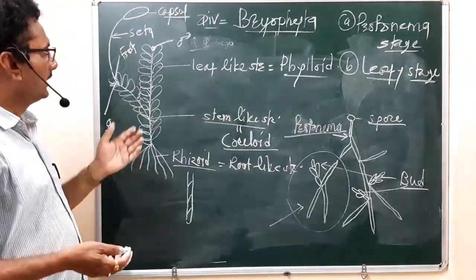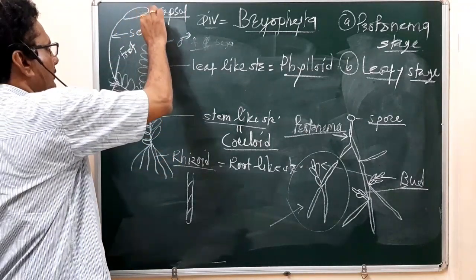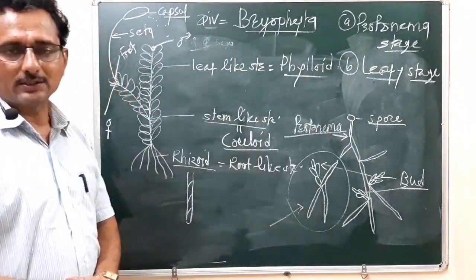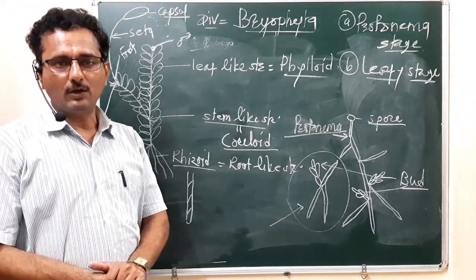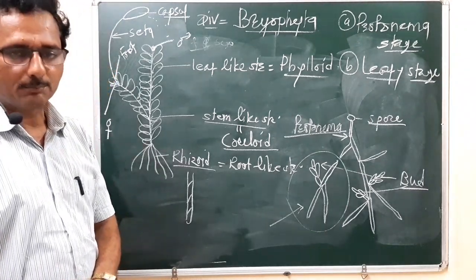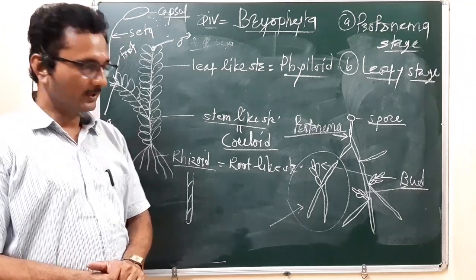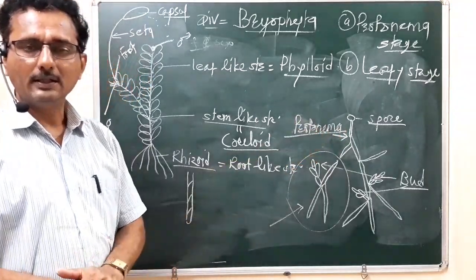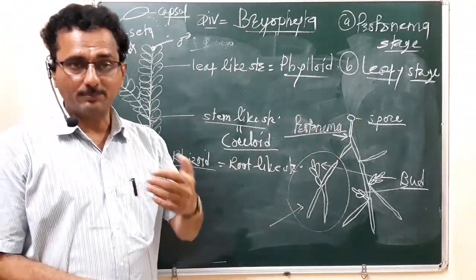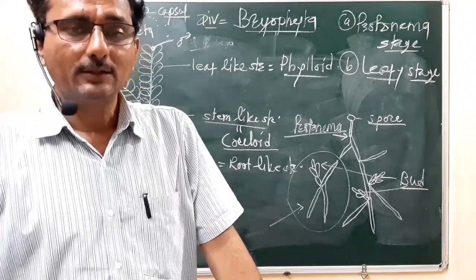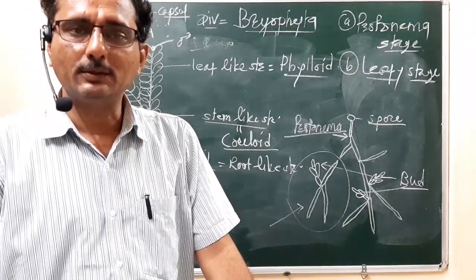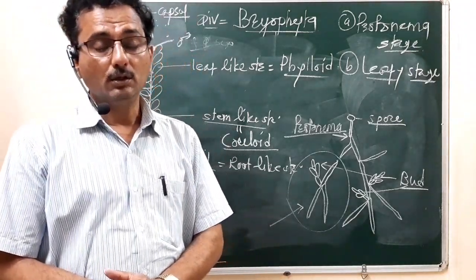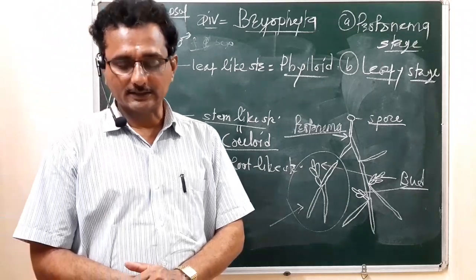When the capsule produces spores and they fall on the moist soil surface, they form a multicellular branched prostrate structure called the protonema, and the protonema produces young ones through two ways: fragmentation and budding. With the help of budding, they can give new gametophytic stages.